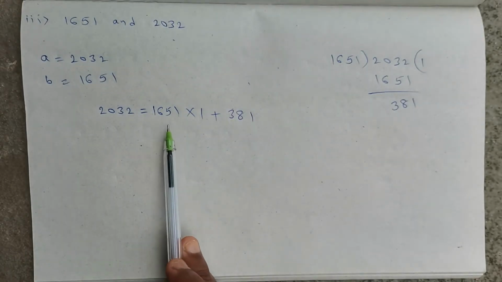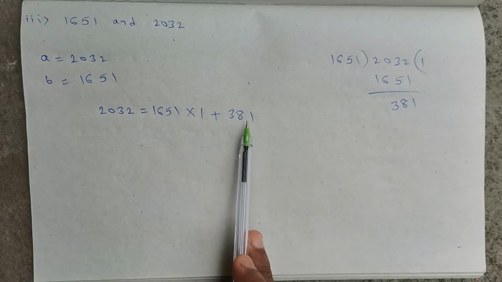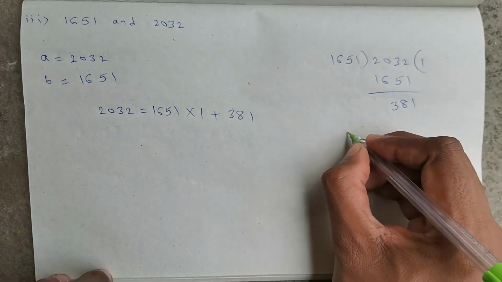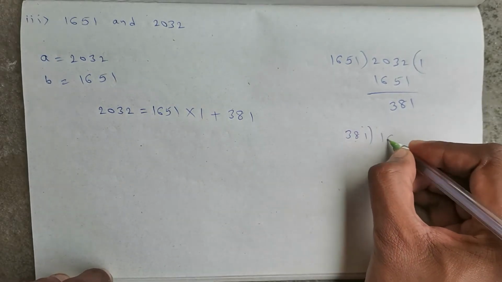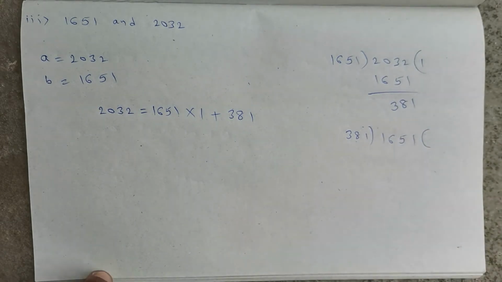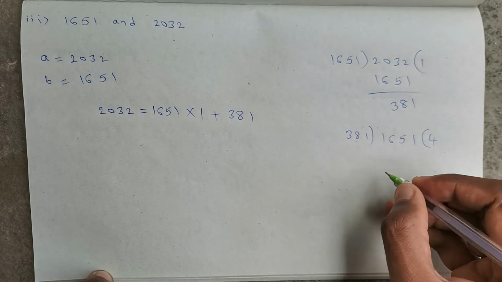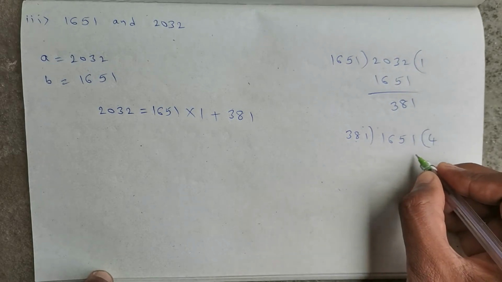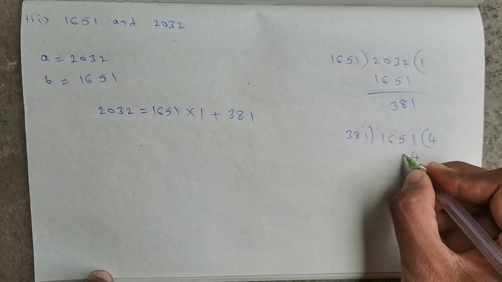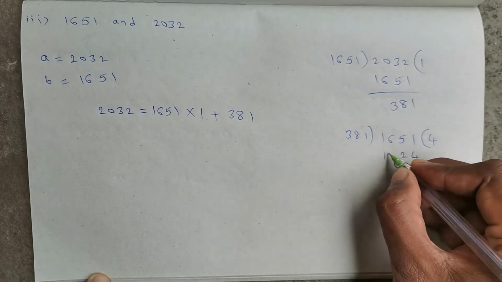Now again take this divisor and remainder, 381 and 1651. 381 fours are: 4 ones are 4, 4 eights are 32, 4 threes are 12, so 1524.